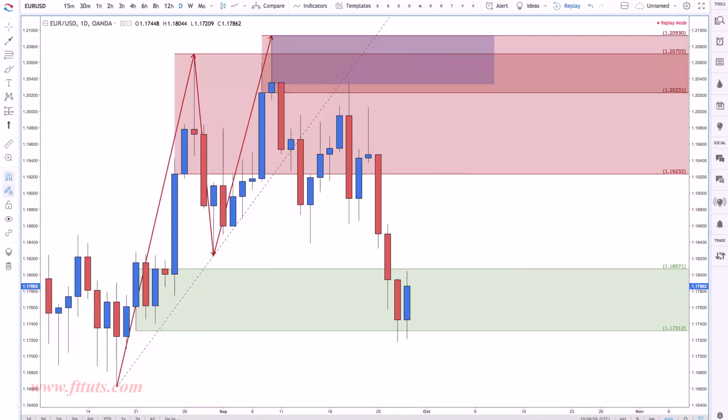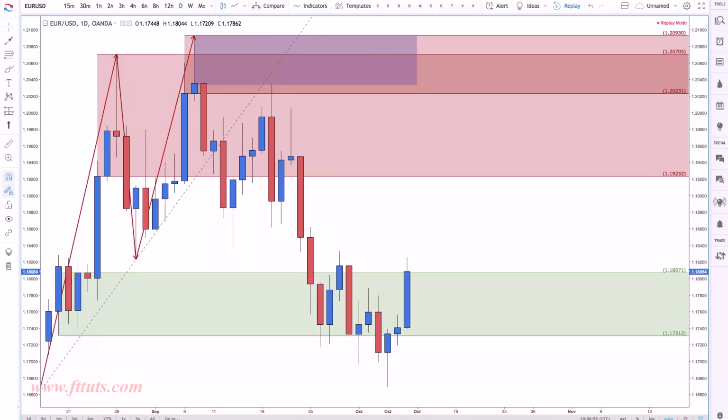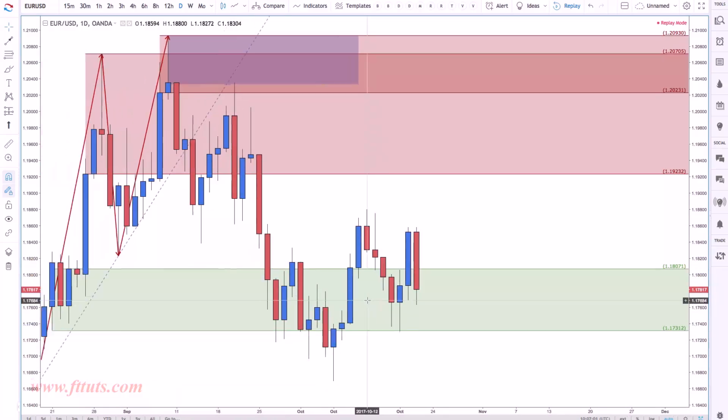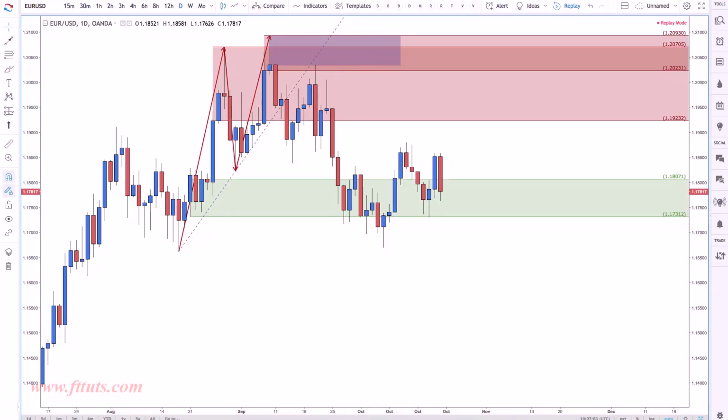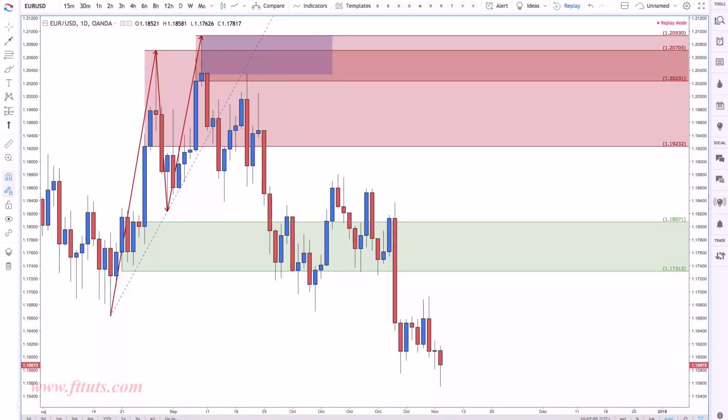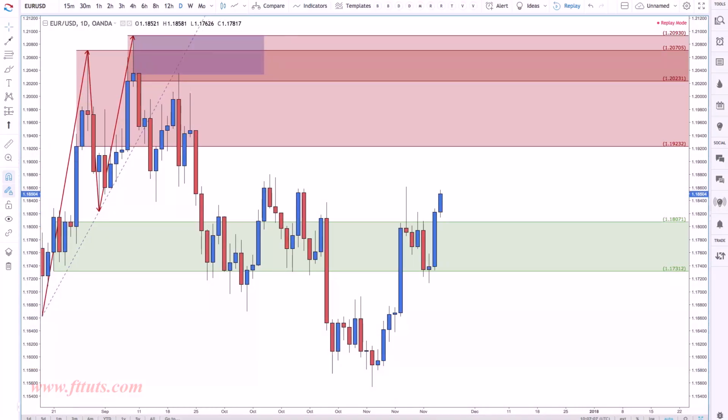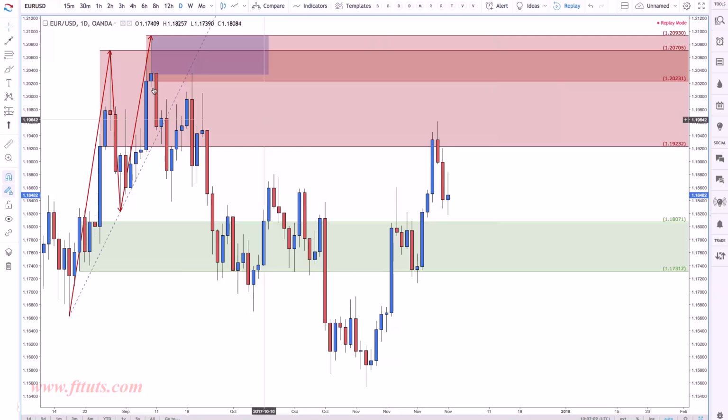But anyway, fast forward to the future. Right, we're looking at this level on the retest. Now, again, just keep an eye on the overall range as well.